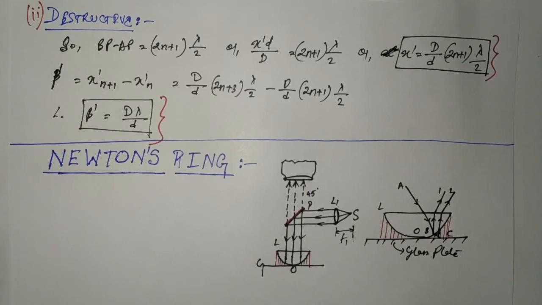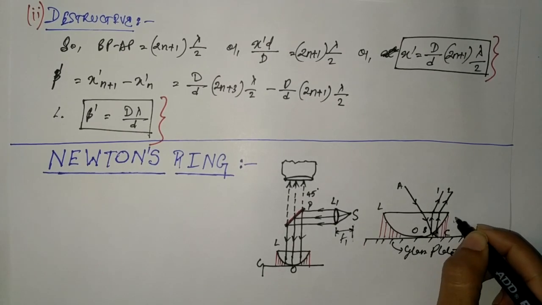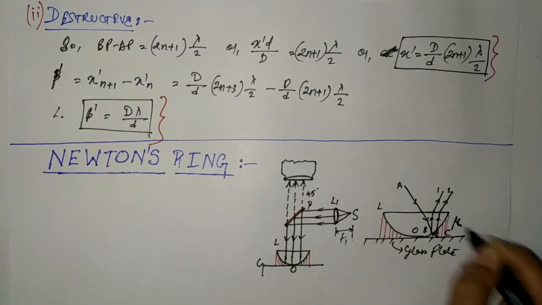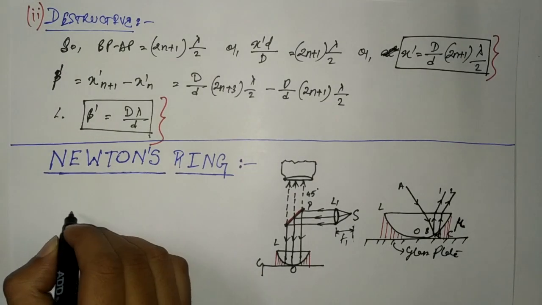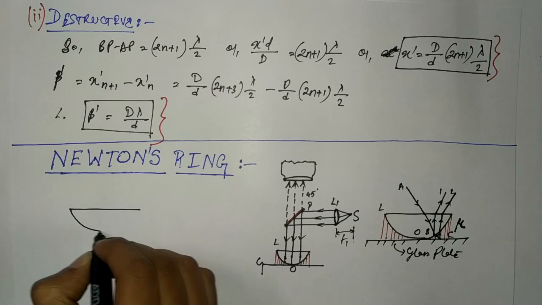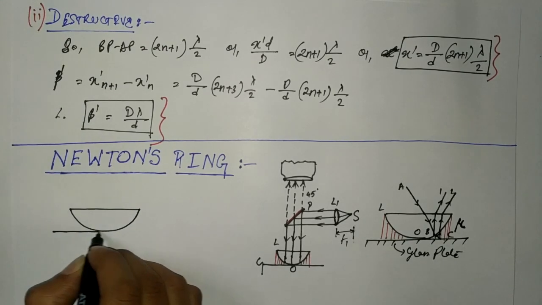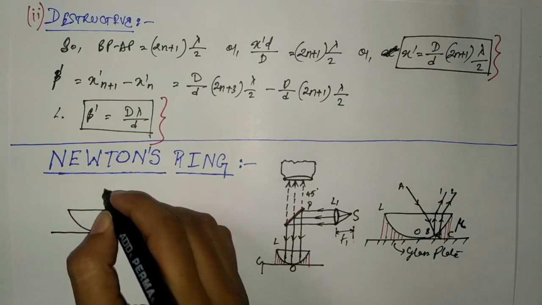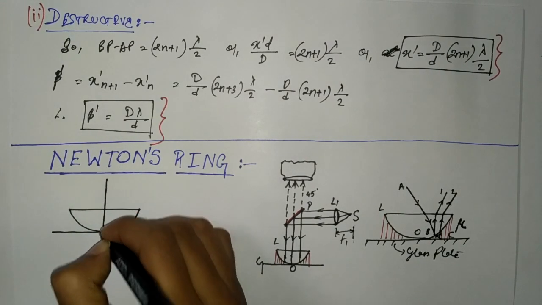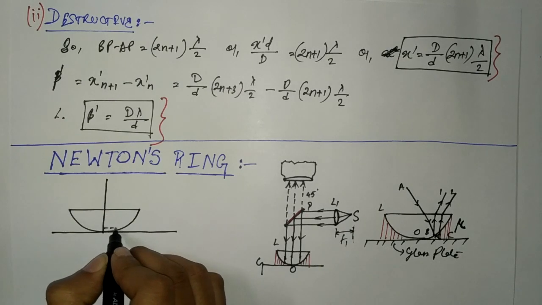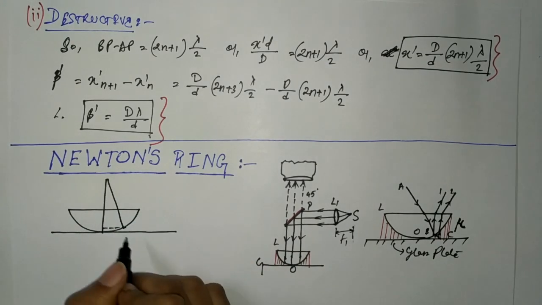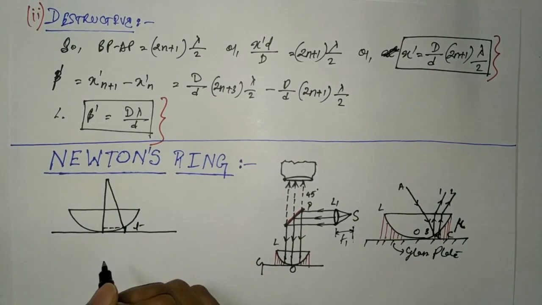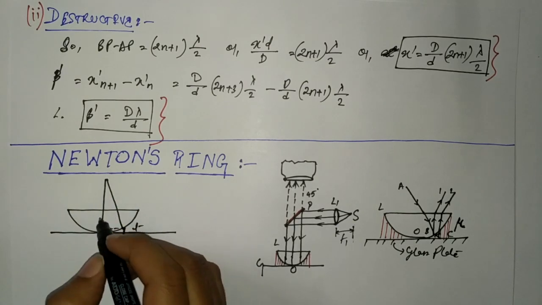So if mu is the refractive index of the medium between the lens and the plate, let us draw a ray diagram like this. Let this be the lens, this be the glass plate, and we draw a triangle, make it meet at this point, and let this height be t and this be r.